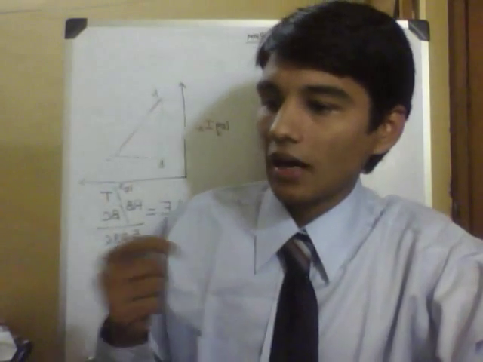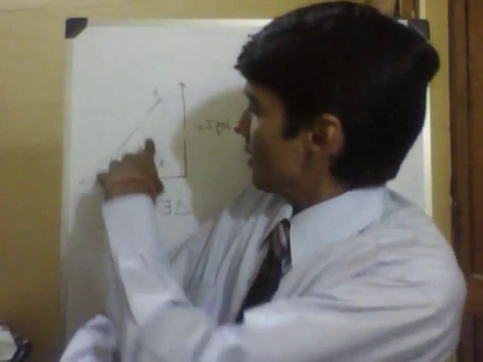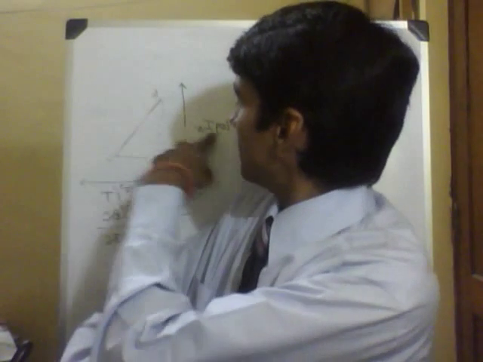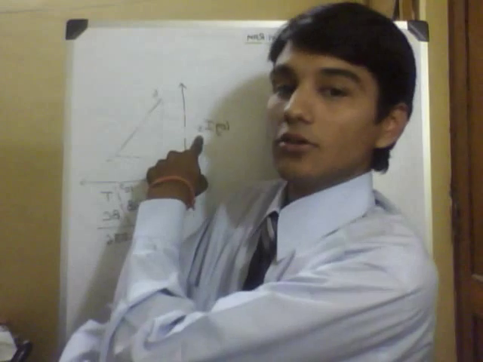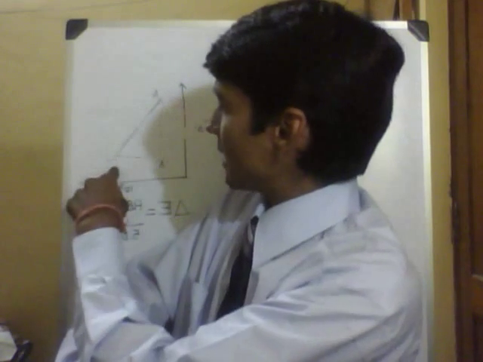So it's better to convert Celsius to Kelvin. It's very easy: just add 273. Convert it into Kelvin, and after that, whenever you plot a graph between log of Is, the saturation current, and 10 to the power 3 by T, you will get a straight line.